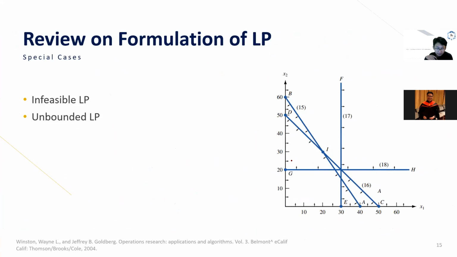And we also need to know about several terminologies when you talk about LP formulations. In the previous case, we see that there is only one optimal solution. But in practice, we may also find that the optimal solution could be more than one.